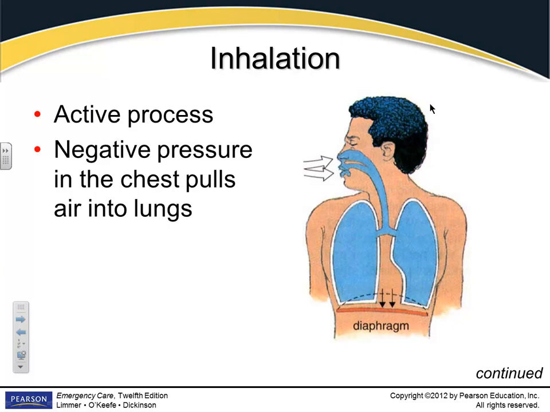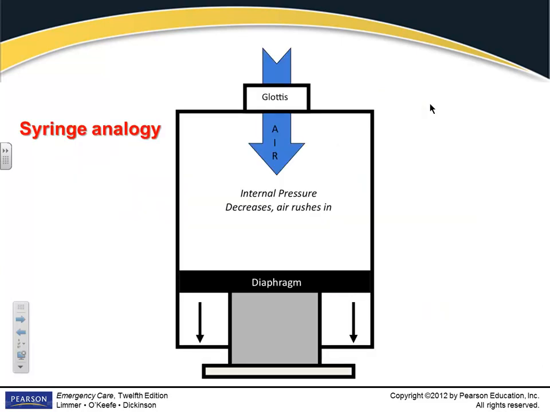When you inhale, what does the chest do? It expands. So as it pulls out, the diaphragm pulls down, it creates negative pressure in the chest, and air will suck in, right? That negative pressure is important, particularly as we move forward when we start getting into trauma, respiratory problems as a result of trauma, and other medical problems that can interfere with inhalation and interfere with negative pressure. Does everybody understand the negative pressure thing?